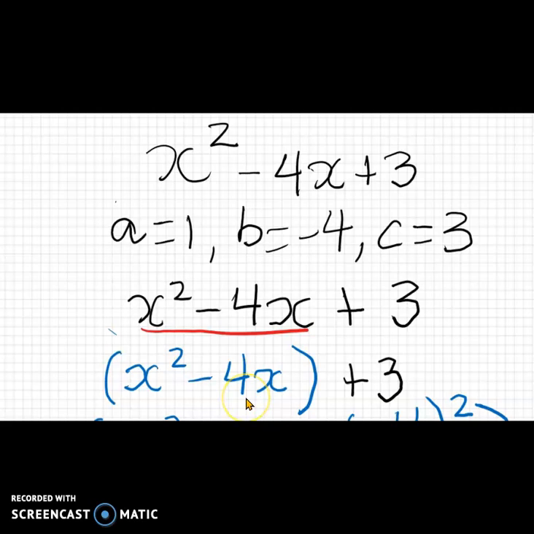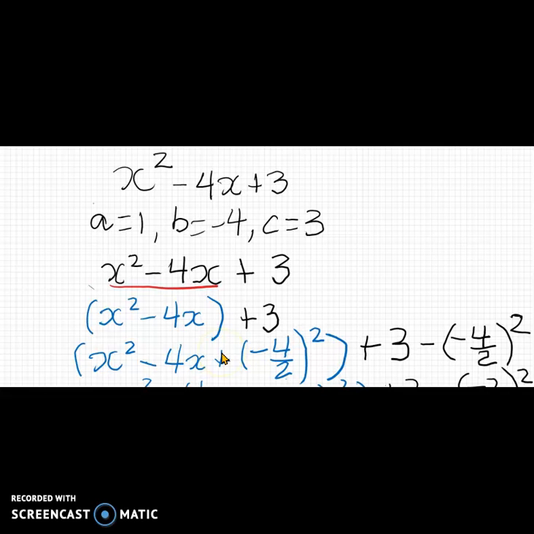From here, we examine what the value of b is. Here the value of b is negative 4. So we add half of b and we square it.